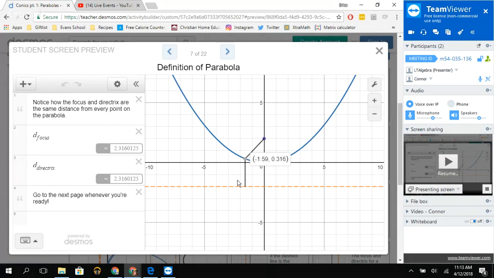And at every single point along the parabola, those two distances are the same. Even though visually it doesn't always look like they're the same, they actually are. That's what I was trying to show on Monday, but it's hard to show on a board when you're not graphing it perfectly.